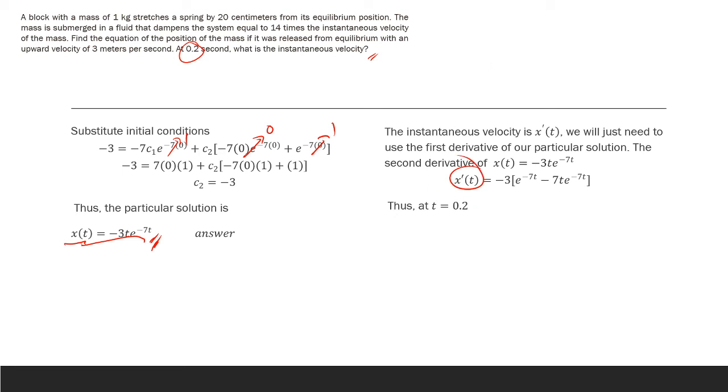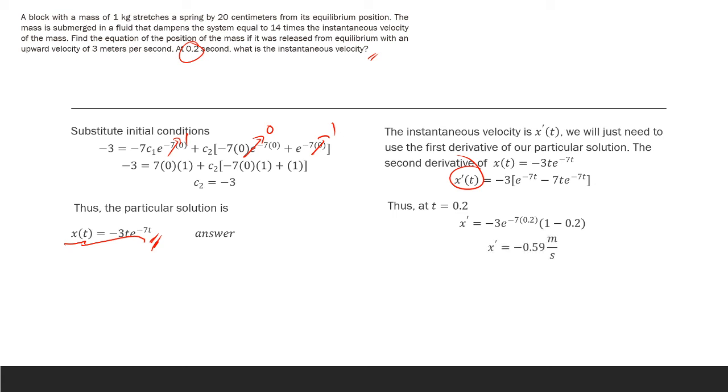We can now substitute t is equal to 0.2, because that is what we want to know: the instantaneous velocity at 0.2 seconds. We have x prime is equal to negative 3 e raised to negative 7 times 0.2 times 1 minus 0.2.